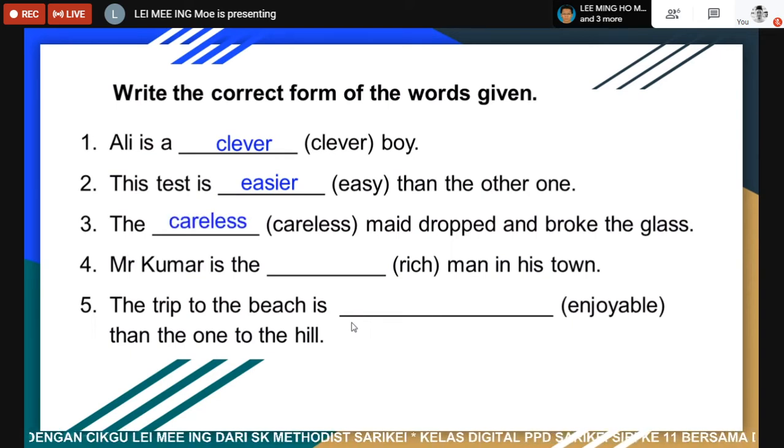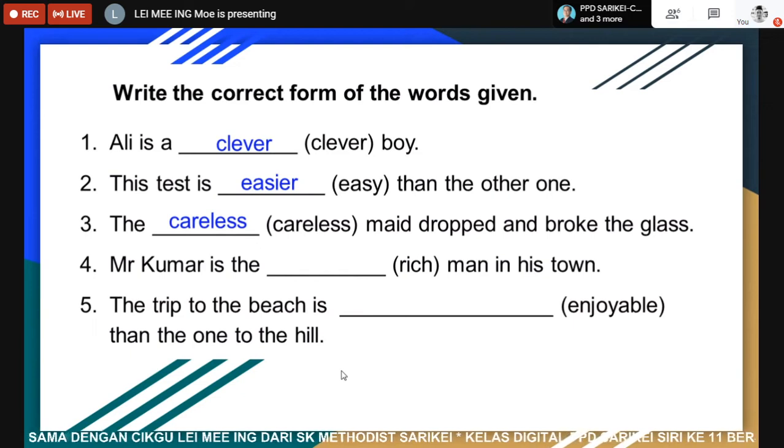Very good. So this is an adjective. Some of the pupils asked me that since we have the here, why is it not a superlative? The here doesn't refer to the superlative. It refers to the maid, and we only have one maid. We don't compare this maid with other maids, so it is an adjective. You copy down the adjective, careless.